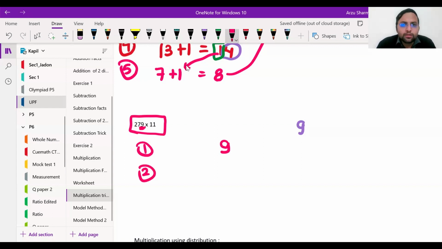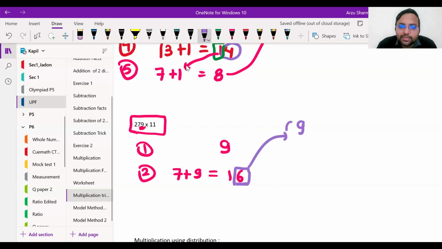Good. Then we are going to add the ones and the tens digit. Here it's 7 and 9. 7 plus 9 gives us 16. Now again, we take the ones digit of this number.